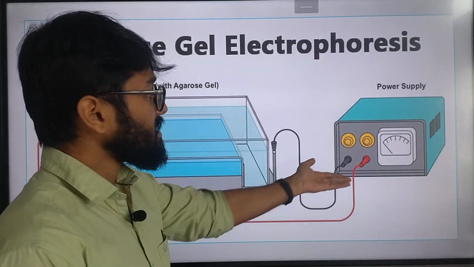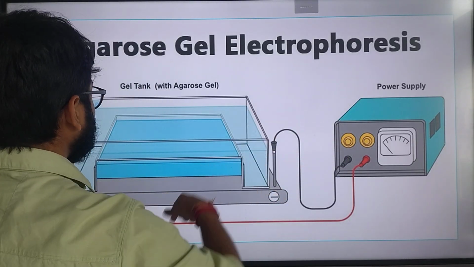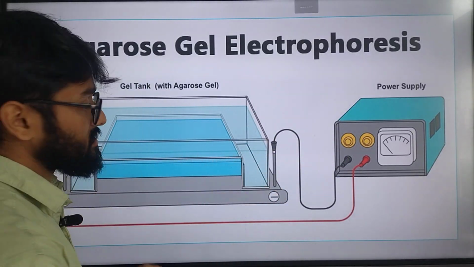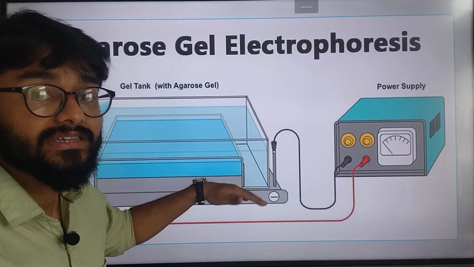Now, as you can see, the power supply is connected to these electrodes, and this gel tank is submerged.